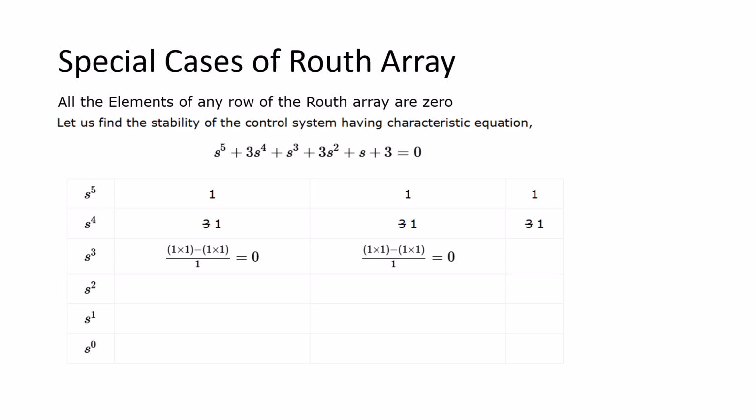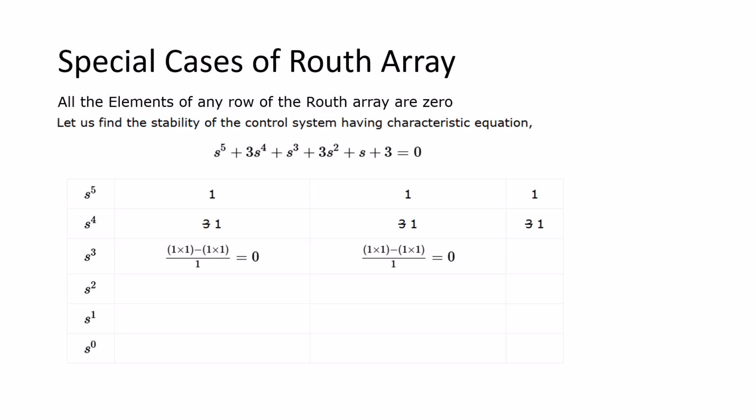Now this is another special case of the Routh array, where all the elements of a row of the Routh array are 0. In the previous case we saw that one element in a row is 0, but in this special case you will get the whole row as 0.